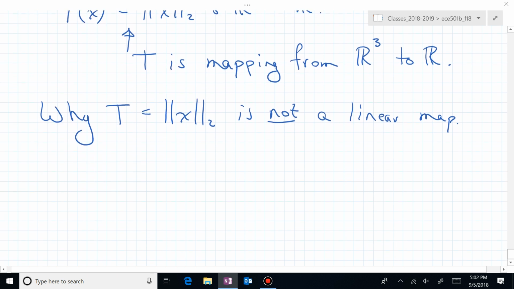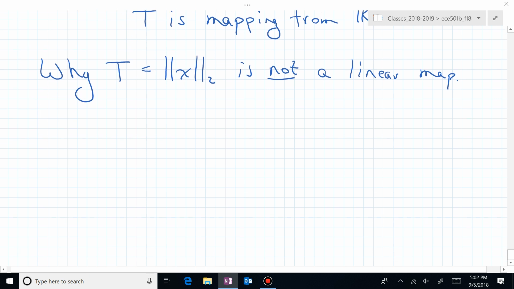So what does it require for us to do if we are trying to demonstrate that this is not a linear map? Do we have to prove that? We just need to come up with a counterexample, right? So let's find a counterexample.